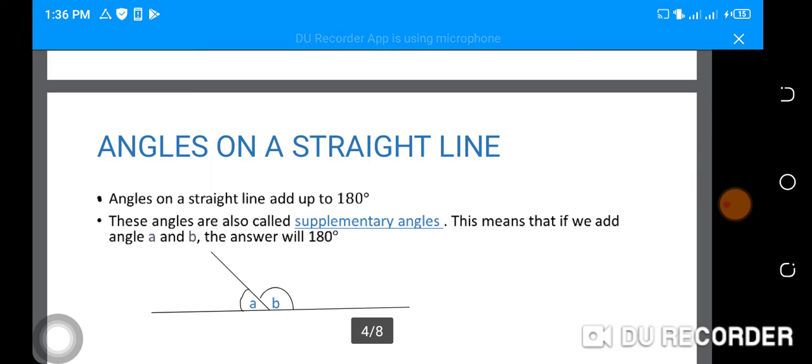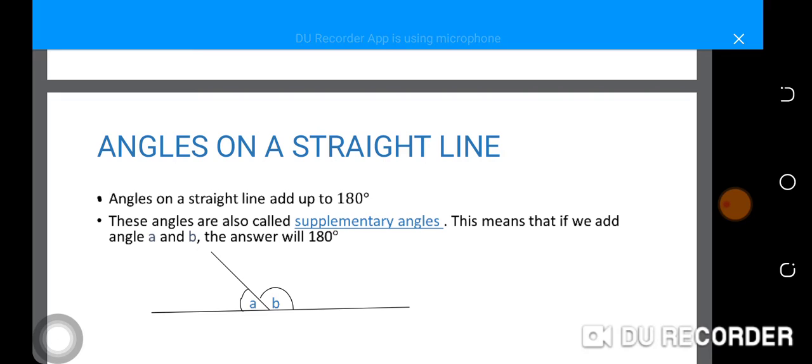So here we have angles on a straight line. Angles on a straight line add up to 180 degrees. If we draw an angle of 180 degrees, we are going to have a straight line.